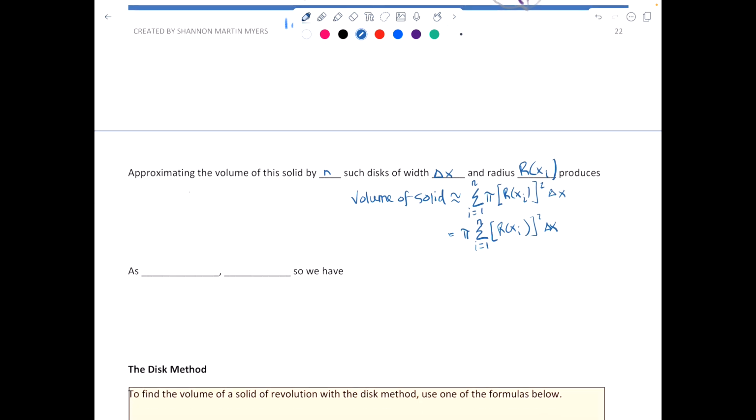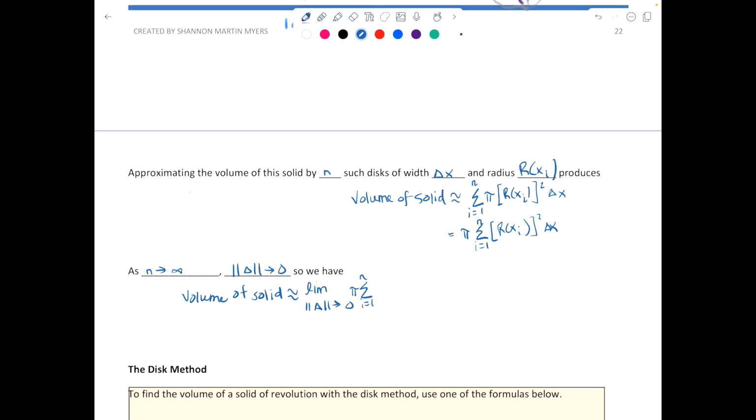Now, as n approaches infinity, the norm of delta approaches 0. So you're going to have the volume of the solid. And this will be even a closer approximation, will equal the limit as the norm of delta approaches 0 of this summation from i equals 1 to n.